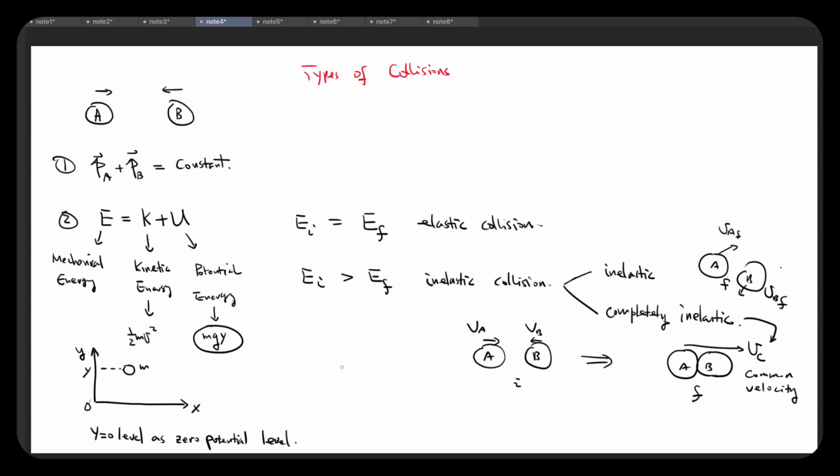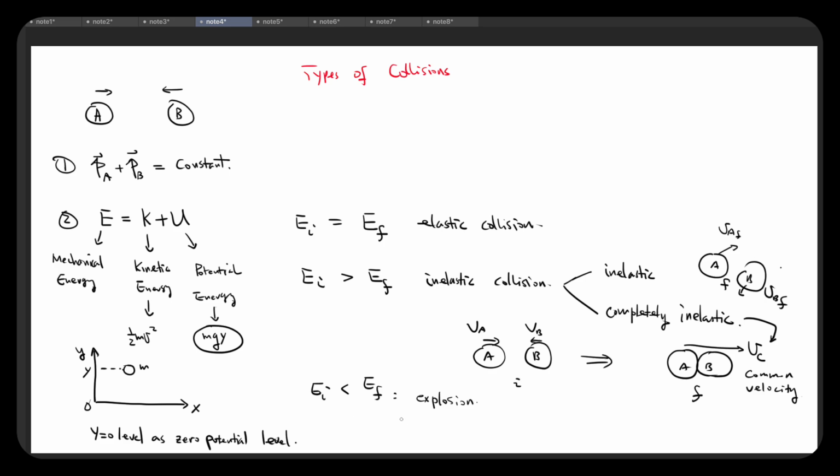Now, there's another category of the collision process. In that process, initial energy is less than the final energy. So the mechanical energy of the system increases during the collision process. And these processes are also called explosion. So what kind of process gives us this?